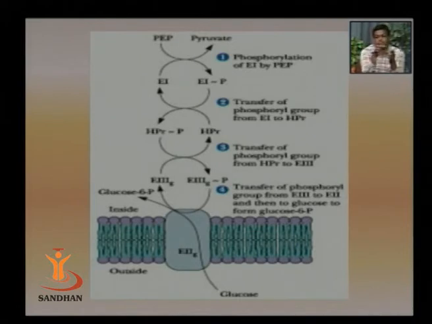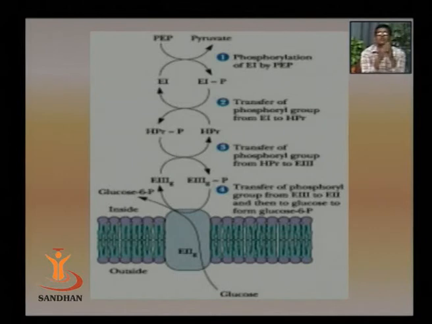E2, as shown in the diagram, is a membrane spanning enzyme. It is present on the membrane, and this enzyme regulates the entry of glucose. So when glucose is available at the E2 site, finally this phosphate will be donated to glucose, and glucose will enter in the form of glucose 6-phosphate.